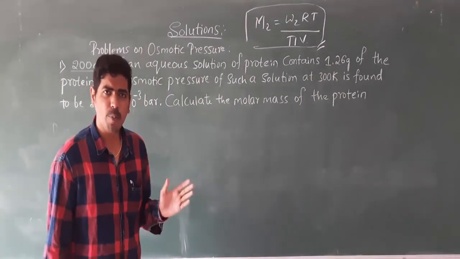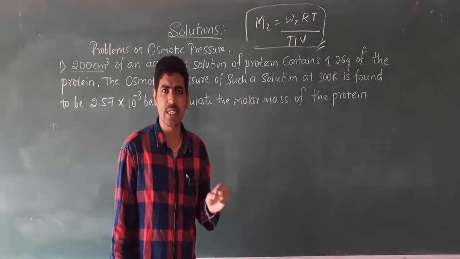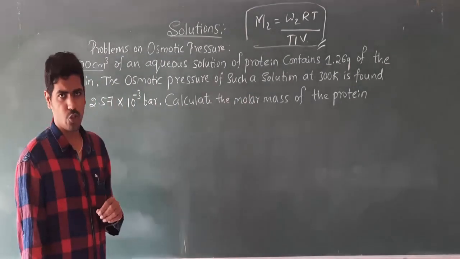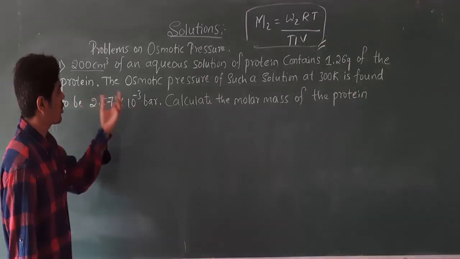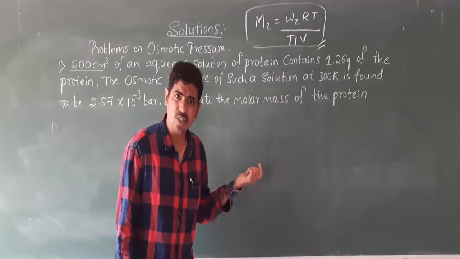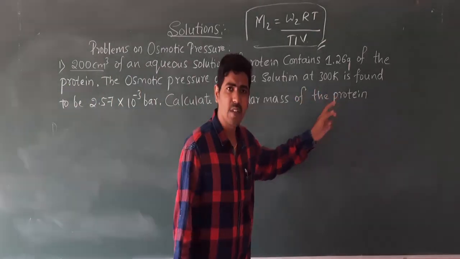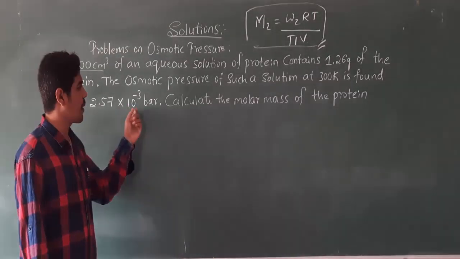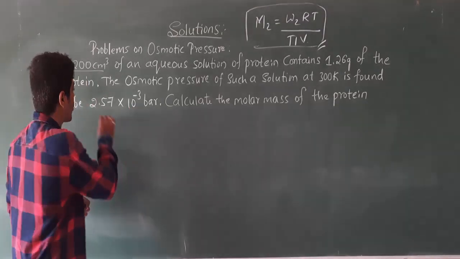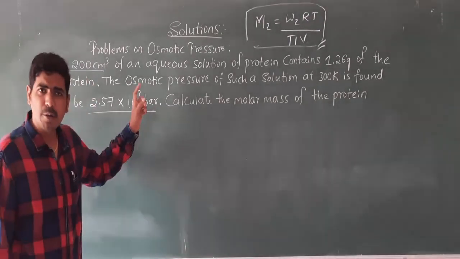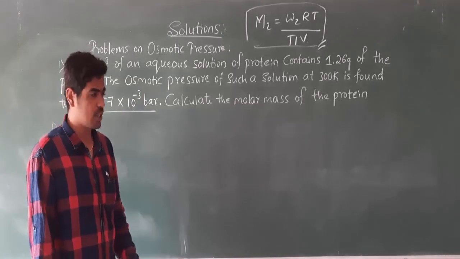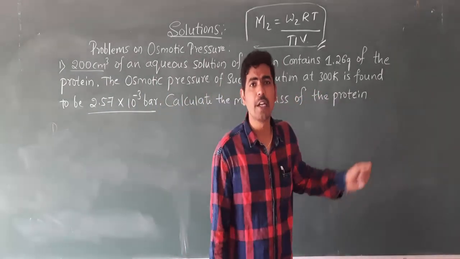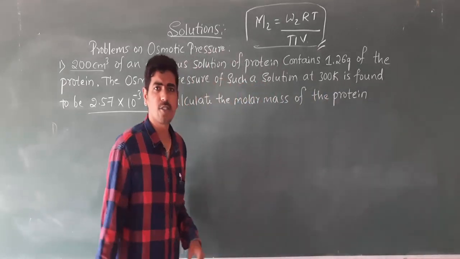That means 1.26 gram of protein is dissolved in 200 cm cube of solution, and the osmotic pressure of that solution at 300 Kelvin is found to be 2.57 into 10 raised to minus 3 bar. Then what is the molar mass of that protein dissolved in the solution?